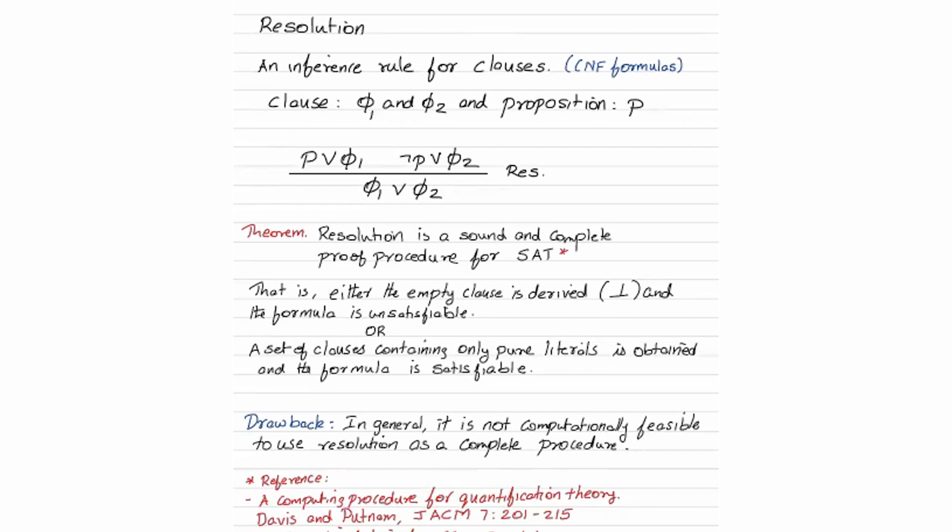One way of solving the satisfiability problem is to simply use syntactic transformations given by this resolution rule. And it is sound and complete, so you're guaranteed that you will be able to solve the satisfiability problem. Of course, in the worst case, it's not efficient. If you look at any of these SAT solvers, what they are doing is defining a series of transformations of the formula which preserve satisfiability.